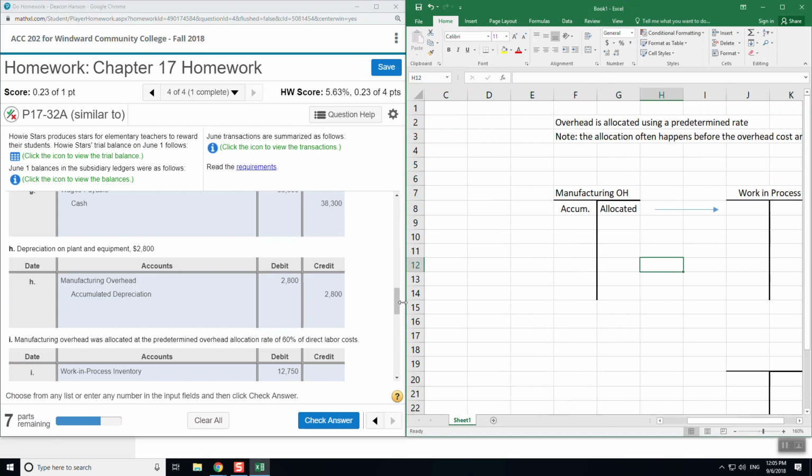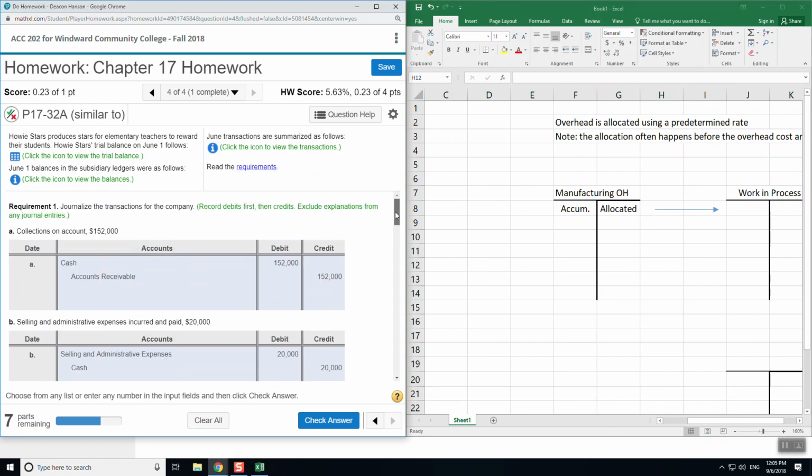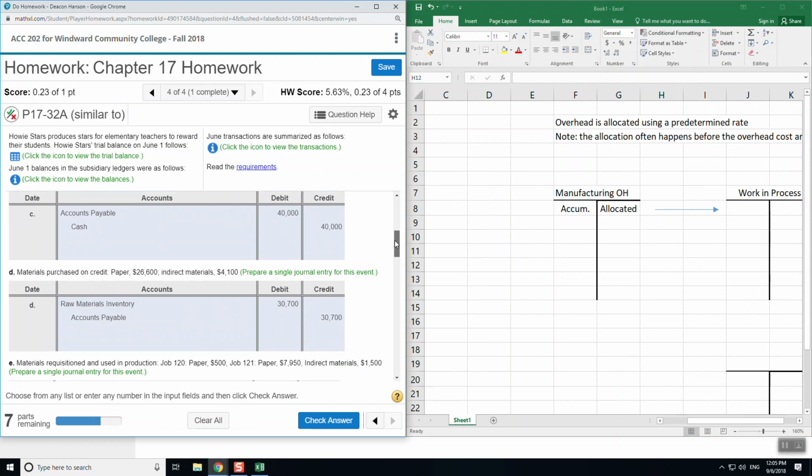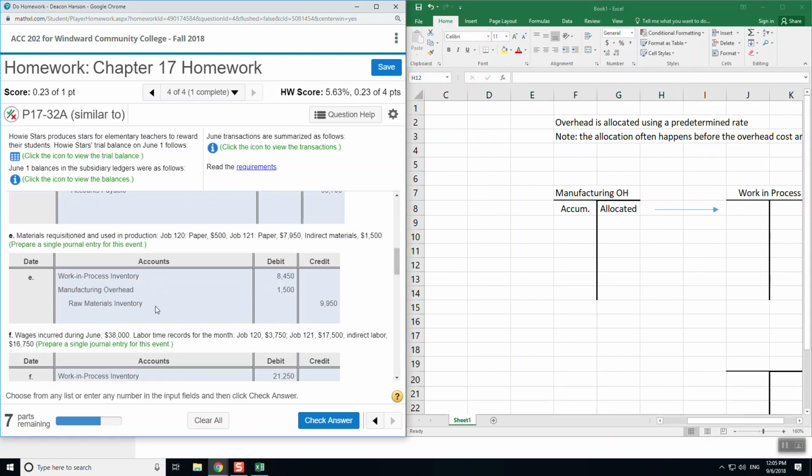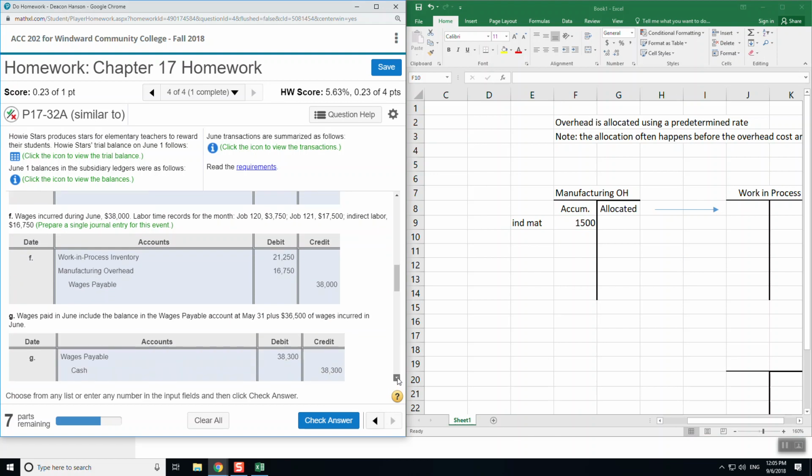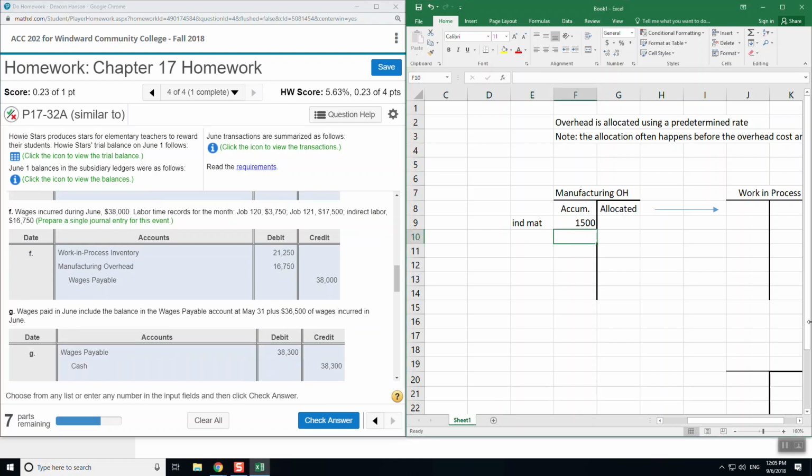Okay, so my overhead was accumulating. Let's look for any debit to overhead. Okay, here's one. So I got a $1,500 debit to overhead, and this was my indirect material. I'll just make a note there, right? So that's where it's accumulating. Then did I have another debit to overhead? Yes, I had 16,750.